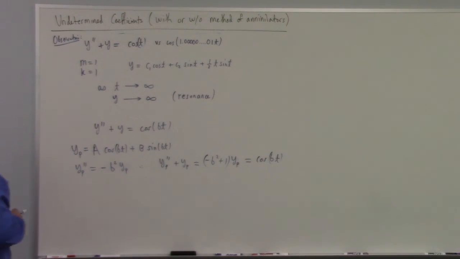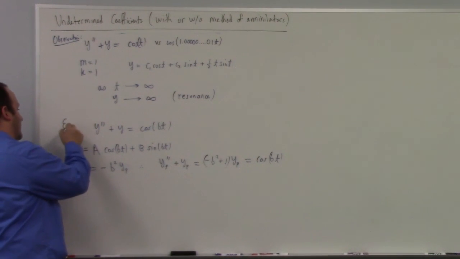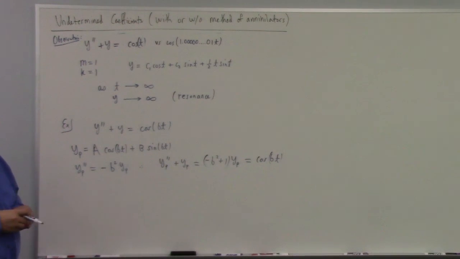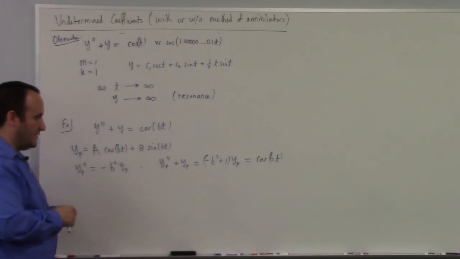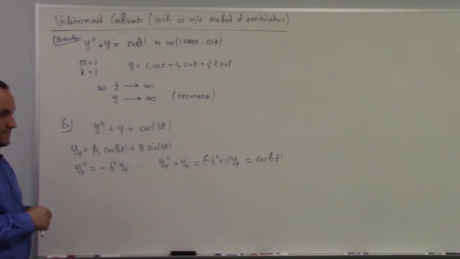So I've solved not just one problem here, but a whole string of them by introducing a parameter, right? B is a parameter. Different choices of b give you different differential equations. And you can see that b equals plus or minus 1 is special, right? You can't solve that equation.